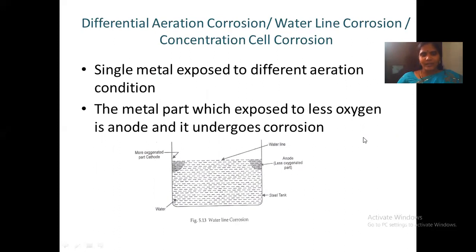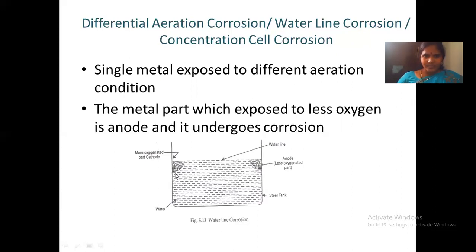That difference in oxygen exposure makes one part act as anode and the other act as cathode. In the picture you can see waterline corrosion, where a container made of metal is filled with water up to this level. This part of the metal is exposed to the air and this part is not much in contact with oxygen.